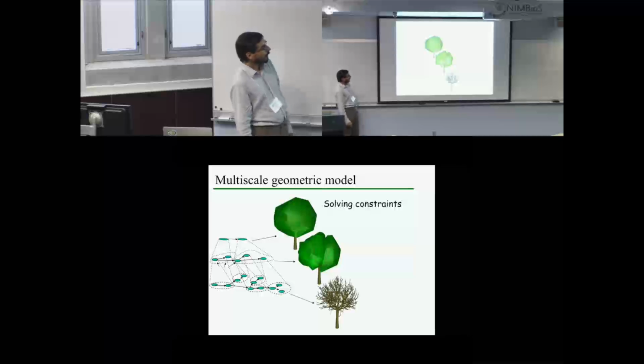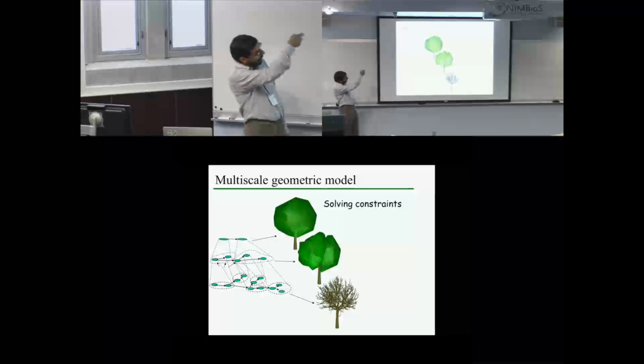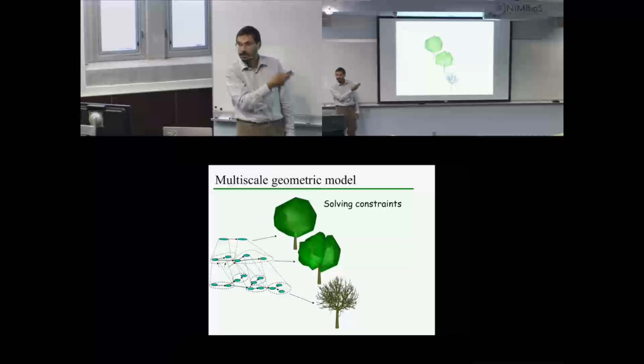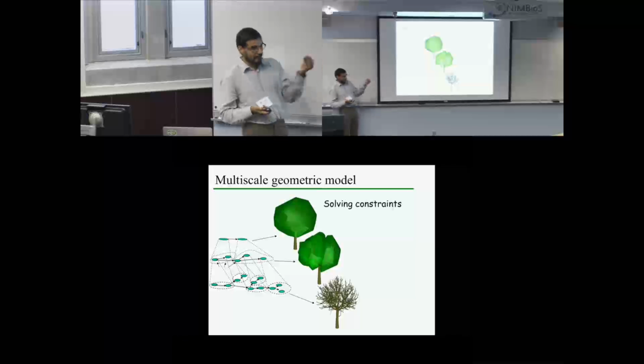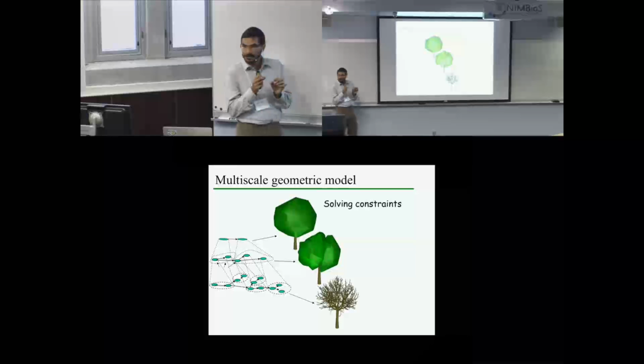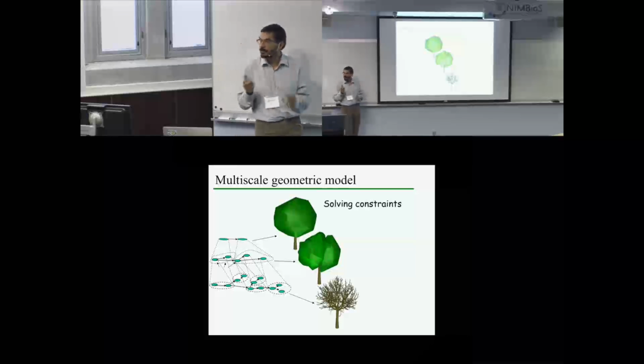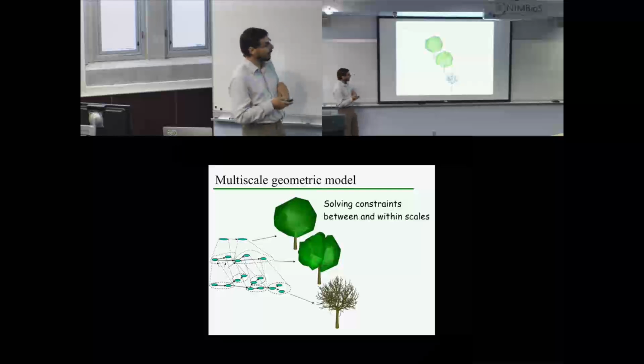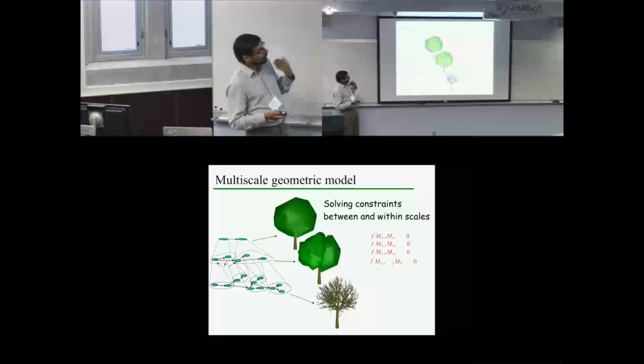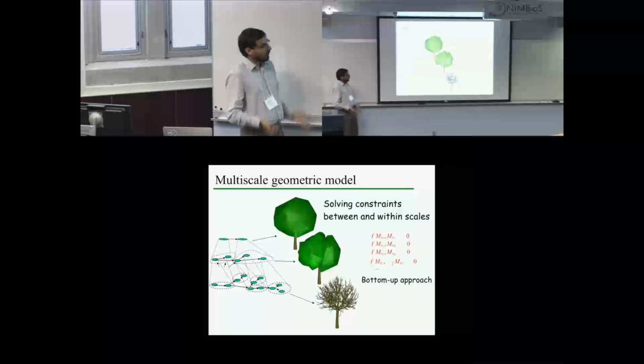And how to do that? Because you don't have all the information for each vertex, you have to solve constraints. That is, each node contains values, and each edge defines a type of constraint between the different elements. So you may have bottom-up approaches.